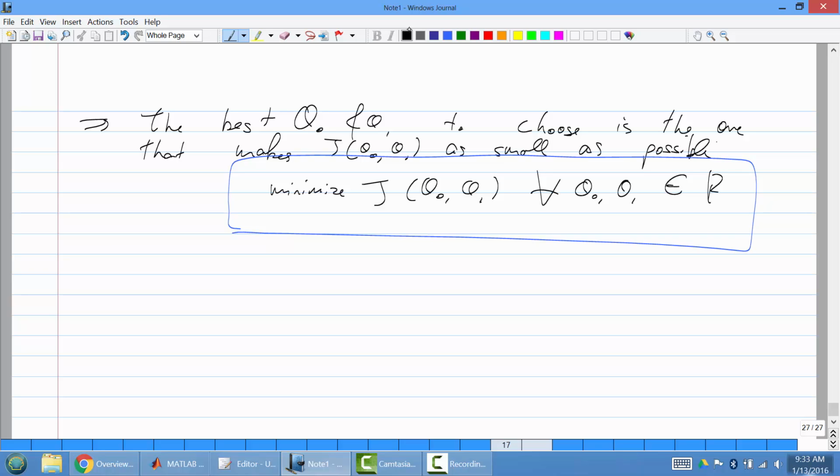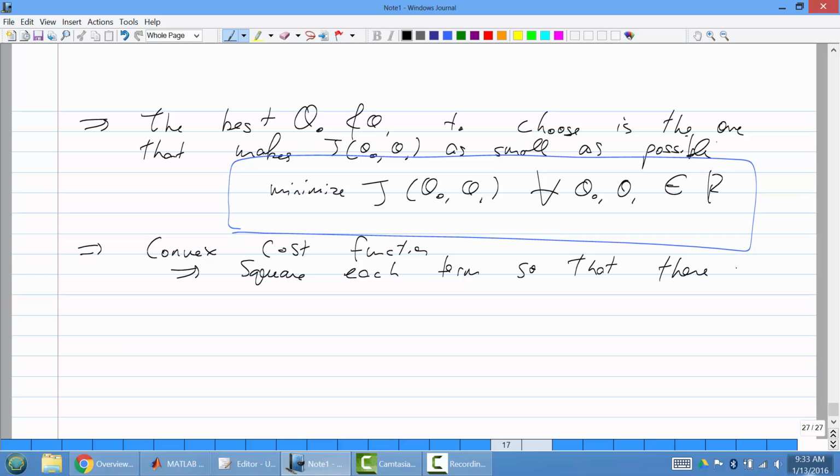All right, so I'm just going to jump the gun here. This is what is known as a convex function, a convex cost function. The reason you square each term is so that there is one unique minimum.